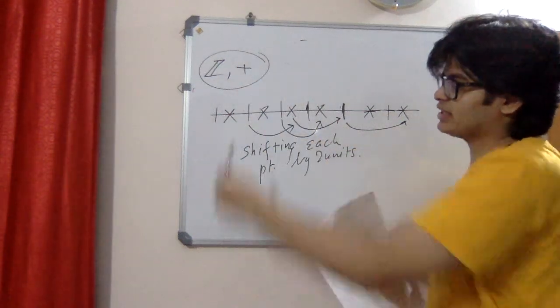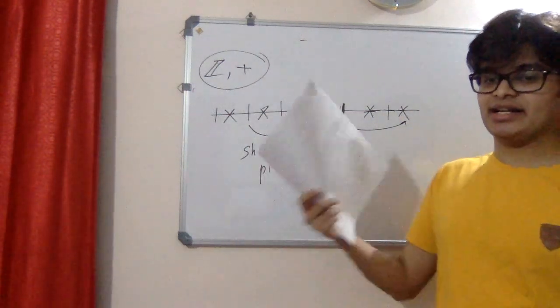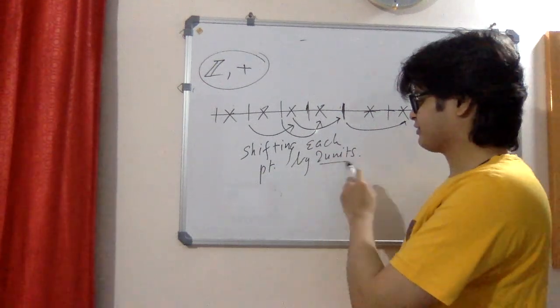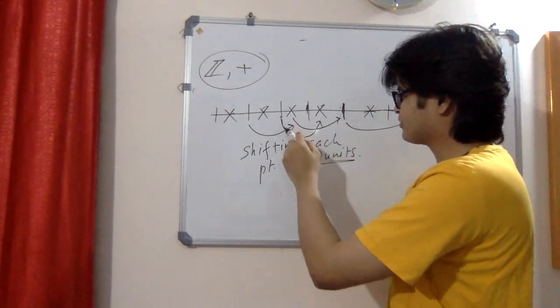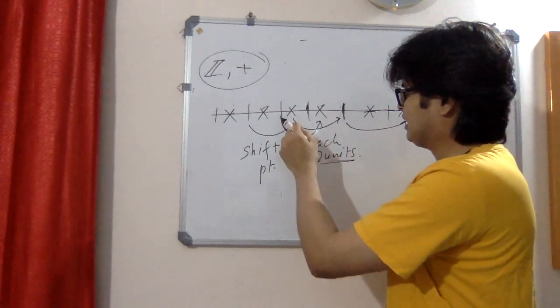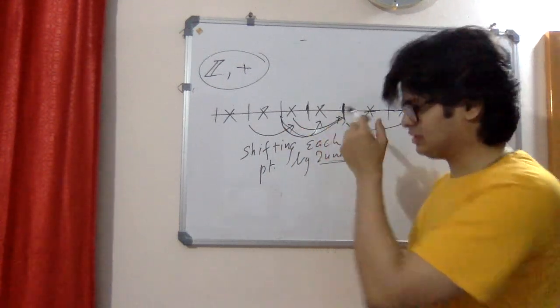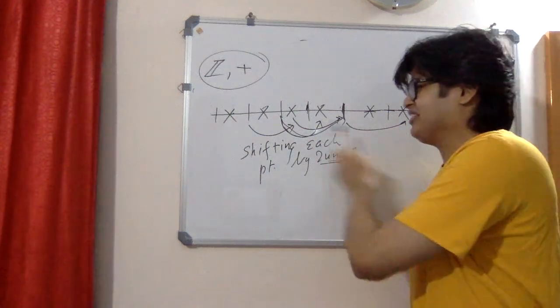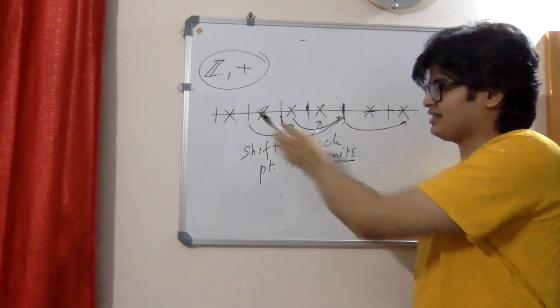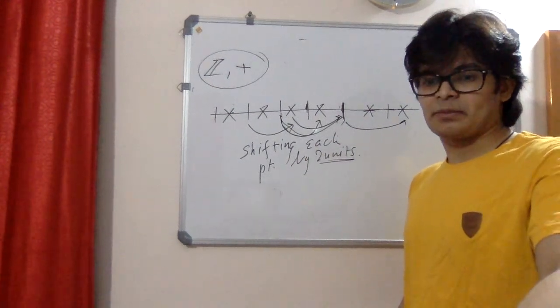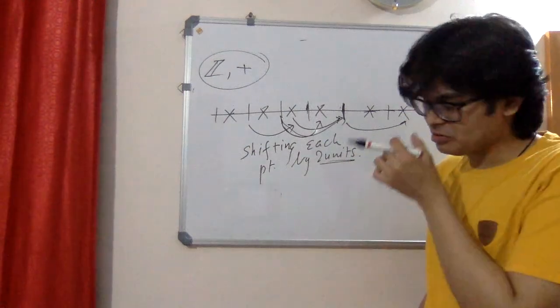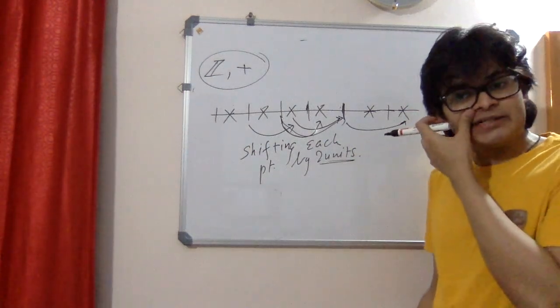The symmetries of Z, the integer line, under addition form a group. So here I have shifted it by 2 units, I can shift it by 3 units, in which case I would jump here instead of here. So essentially, as you can see, this is an infinite line, and there can be an infinite number of numbers which can be added to any integer.